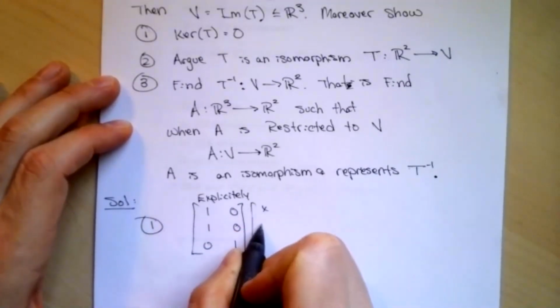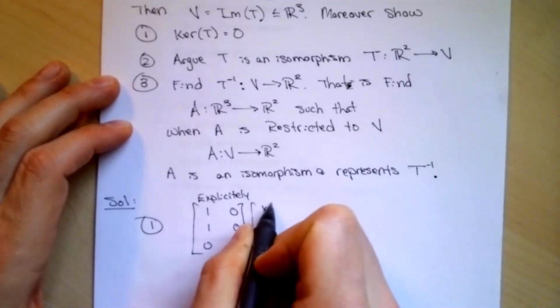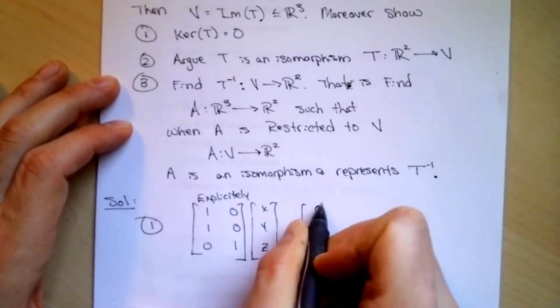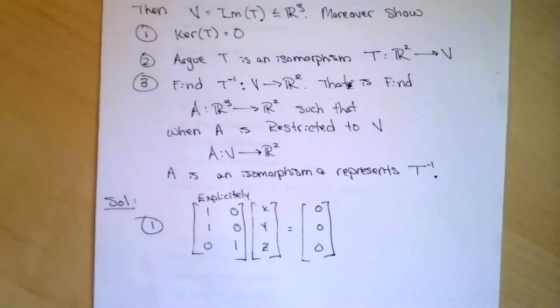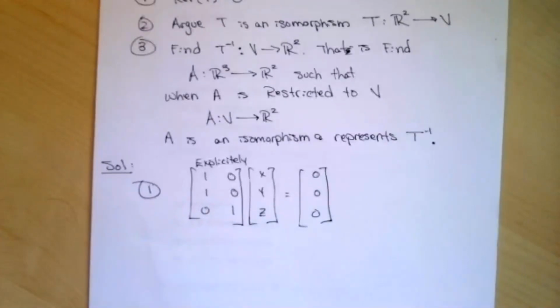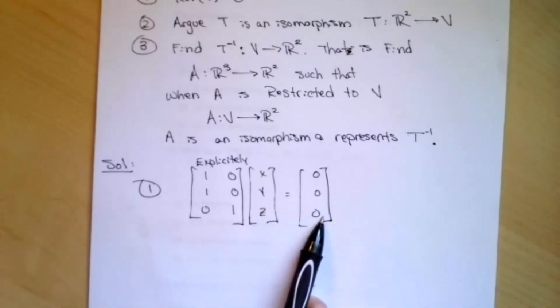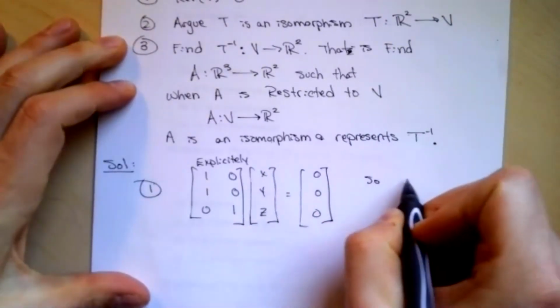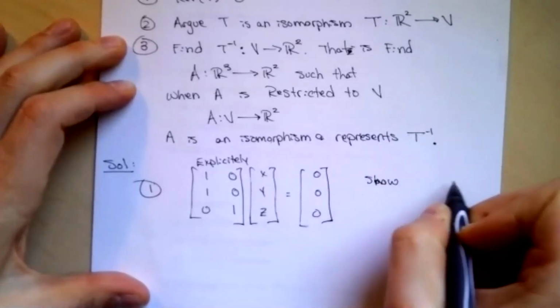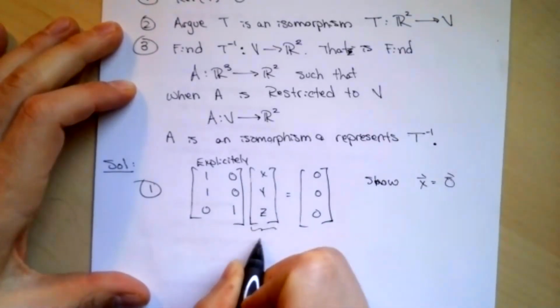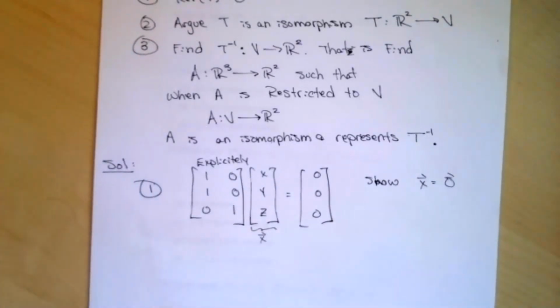Well, actually here, I think both ways are going to reduce to the same thing. If we have an equation, we are looking for the set of vectors that maps to 0, and we want to show that this x vector is equal to the 0 vector. And of course, this is our x vector by shorthand without writing out the coordinates.